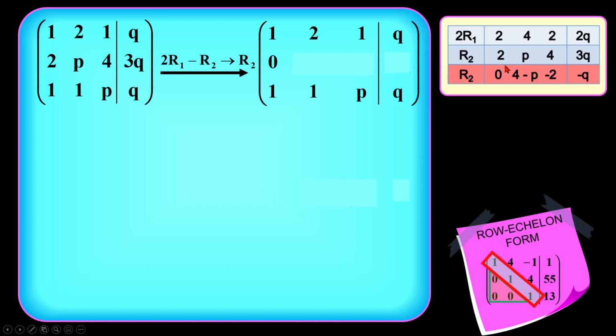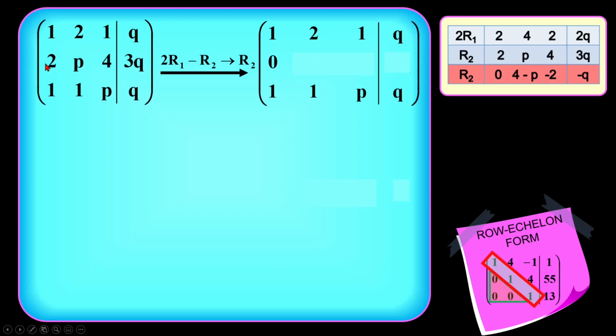Okay, so what actually happened inside this box? I will take my row 2, 2 multiplied by row 1. My row 1, usually I ask my students to look at the original augmented matrix. So my row 1 is 1, and then 2 times 1, I have 2, 2 times 2, I have 4, 2 times 1, I have 2, 2 times q, I have 2q.